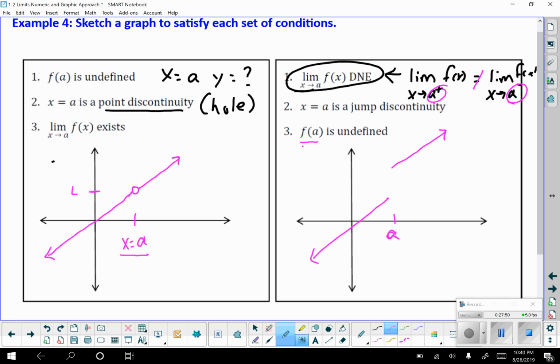I want to make sure that f of a is undefined, so I'm going to go open circle and open circle on this. Therefore, a is never defined. I'm going to refrain from giving it a solid dot and just leave them as open circles so that it is not defined. That would fit that description.